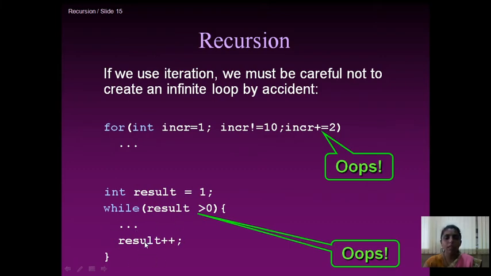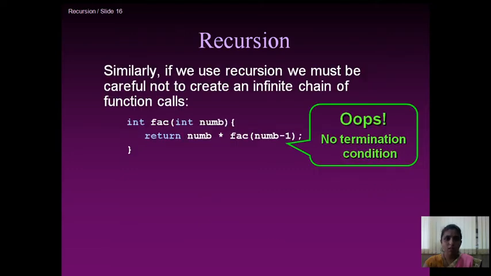We need to be very careful while setting the conditions when we are using iterations in our program. And this is the same with recursion. Even when we are using recursion, we need to be very careful to decide the termination condition. Similarly, in recursion, we must be careful not to create an infinite chain of function calls.